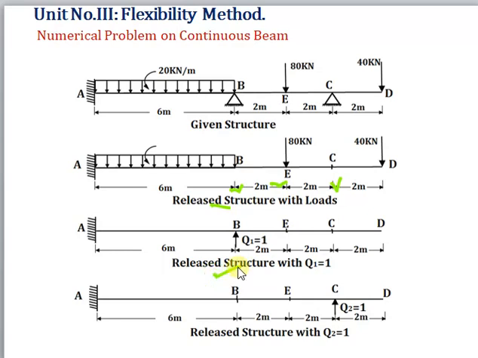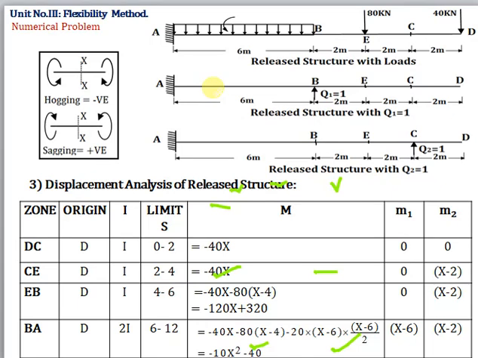The second is the released structure with Q1 equal to 1, so remove the loads and only show Q1 equal to 1. And the third one is the released structure with Q2 equal to 1. Let's call these M, M1 and M2, and from this you have to find the moment diagrams M1, M2 and capital M. Okay, so let's find out.